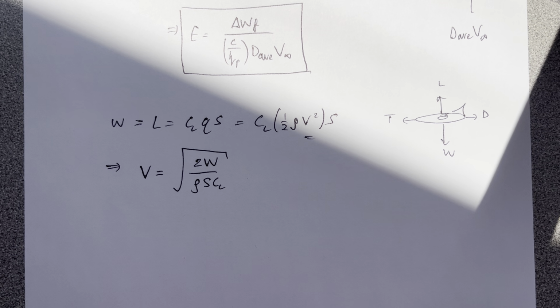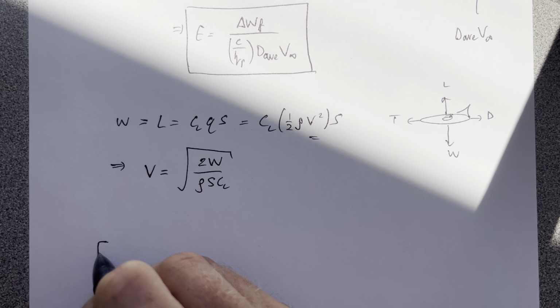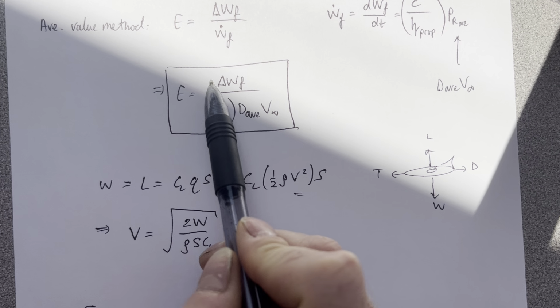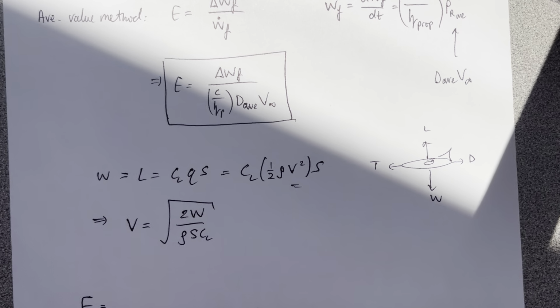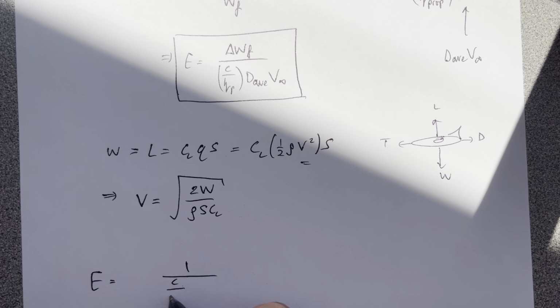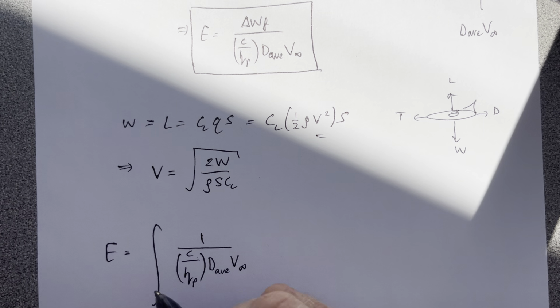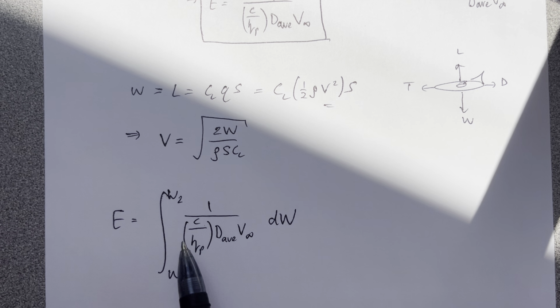For our Breguet endurance equation derivation, instead of having this delta WF term in the numerator, we are going to integrate this part of the equation, over d average V, between two specific weights, W2 and W1, with respect to W. W1 is our starting weight, W2 is our ending weight, and because W2 is always less than W1, we need a negative sign over here.